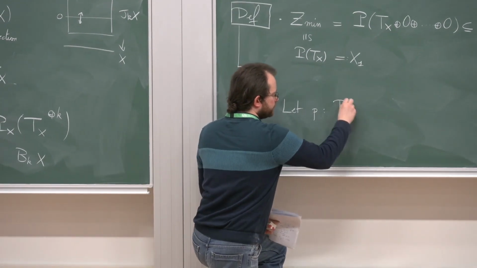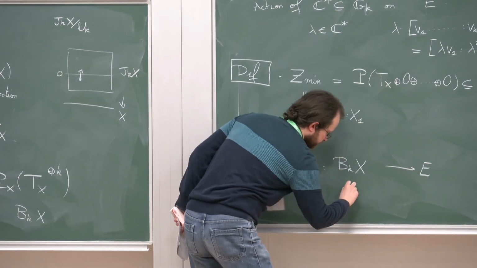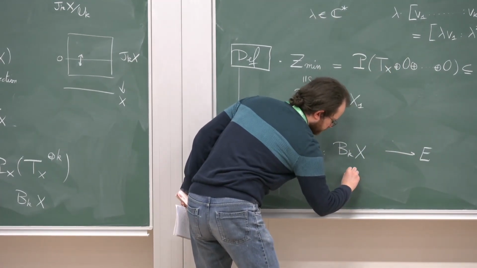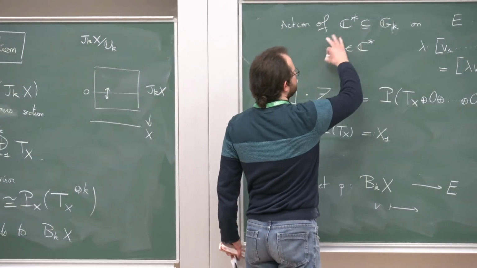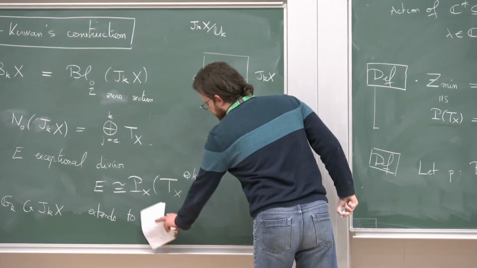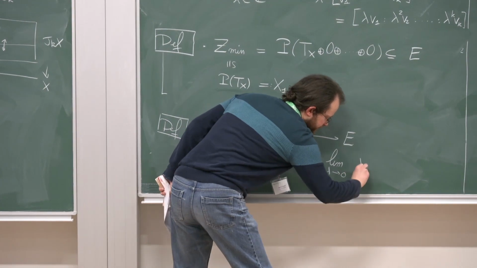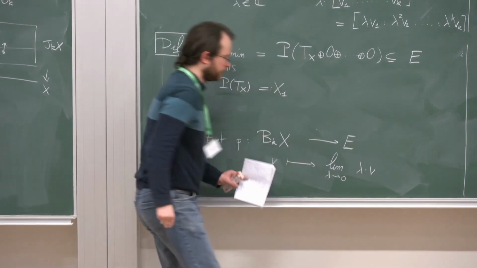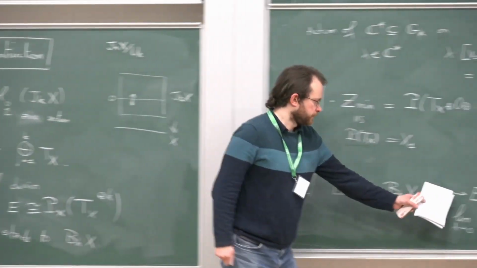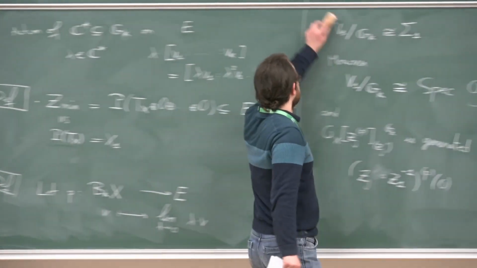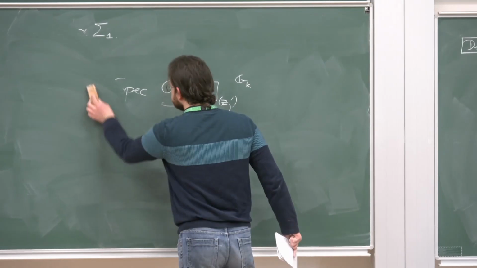I will call that P. So it goes from B_K X to E. You take a point inside, and to obtain a point in the exceptional divisor, you just have to take the action of C star on B_K X, and you take the limit as lambda goes to 0 of lambda acting on v. In 30 seconds, I'm going to write that down in coordinates. You will see that it is very easy.